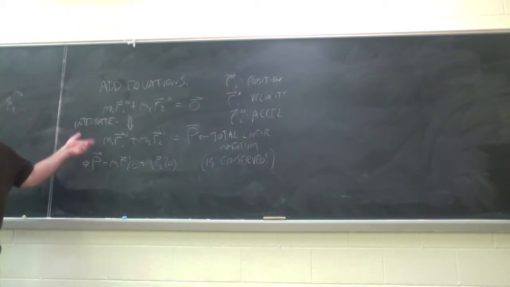R1 prime and R2 prime will change over time, but this particular linear combination of them has to remain constant. The initial momentum of the entire system is going to remain constant for all time, even though the individual momenta can change.